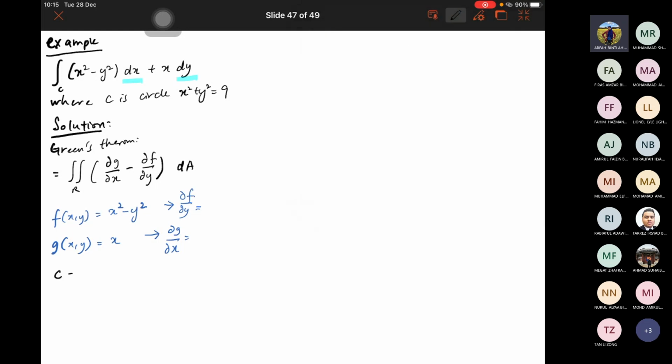And then dia kata C circle of x squared plus y squared sama dengan 9. So this is C. Okay.